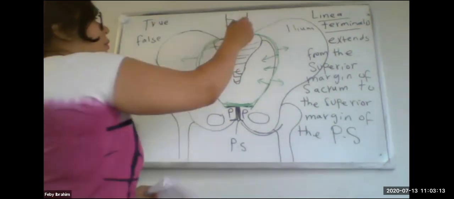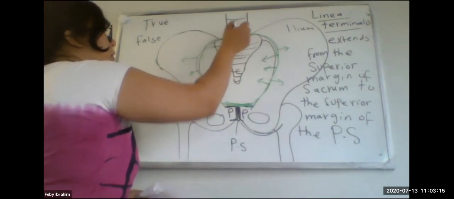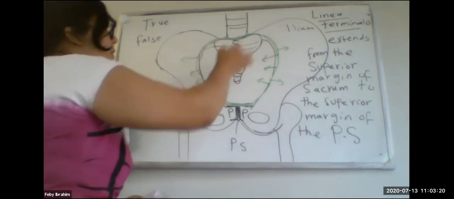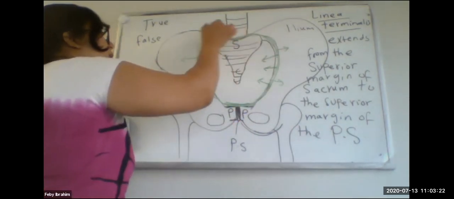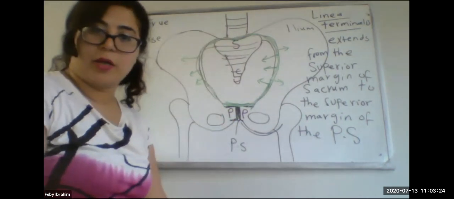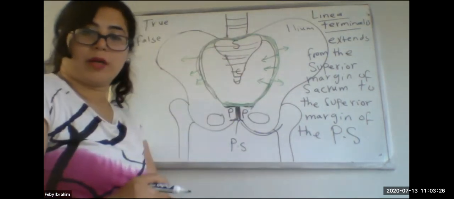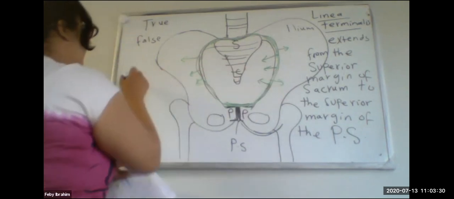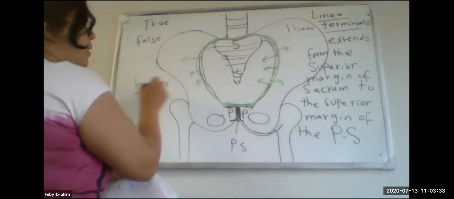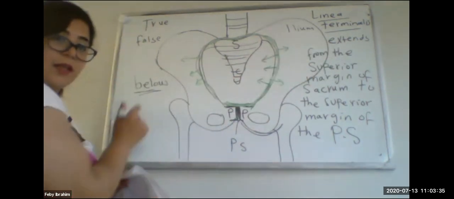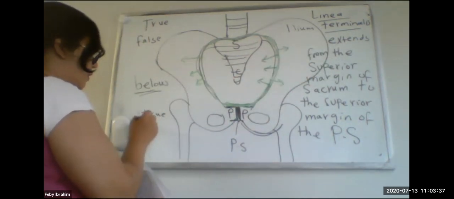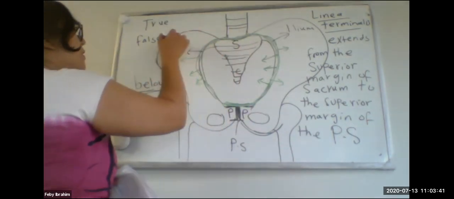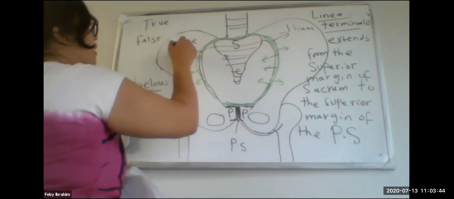So again, look here, from here to there. Do you see this apple shape? This is the iliopectineal line. This is the imaginary line. Whatever is below the linea terminalis will be the true pelvis, and whatever is above this line is the false pelvis.